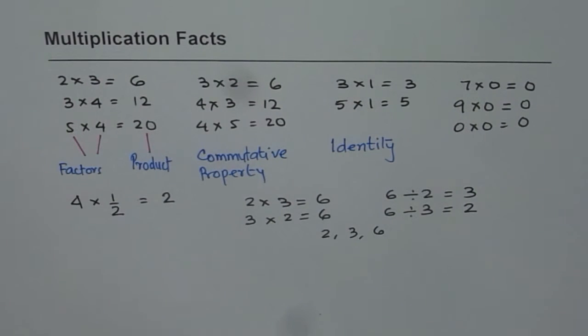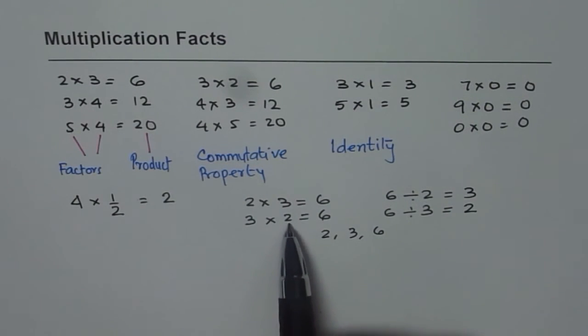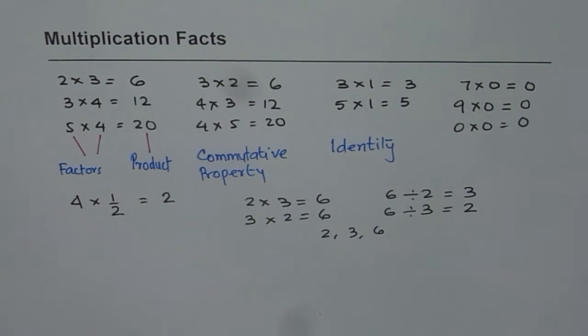And if one of the factors is 0, then the product is 0. When you multiply by a number smaller than 1, then you get a smaller product. And multiplication is related to division, giving 4 facts about a multiplication statement. These two are multiplication statements, and these two are division statements. They are talking about the same 3 numbers and their link.